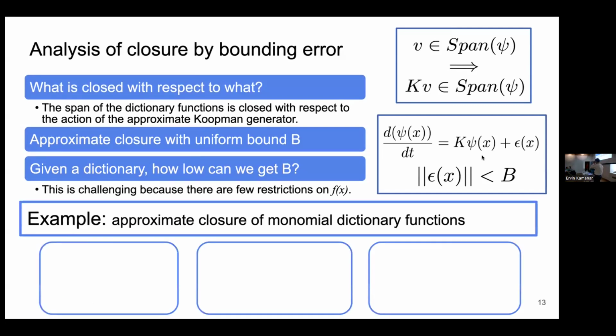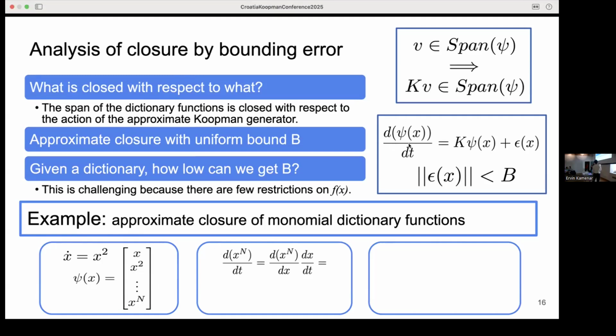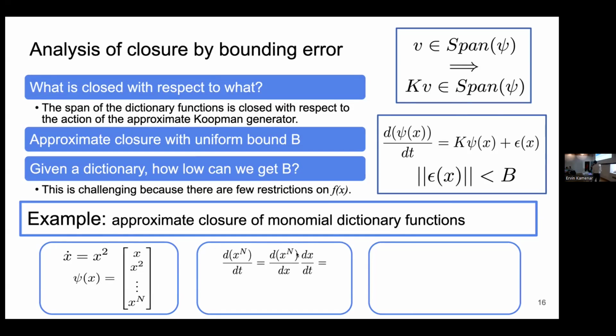An example of a dictionary that's commonly used but doesn't satisfy this property is monomial dictionary functions, like x squared, x cubed, x to the fourth, etc. They suffer from this problem: if you write down x dot equals x squared, and typically you're writing down some global dictionary of the form x squared, ..., x to the n, then when you look at the derivative of x to the n, as required for d psi dt, in the nth component, you're going to get d x^n/dx times dx/dt.